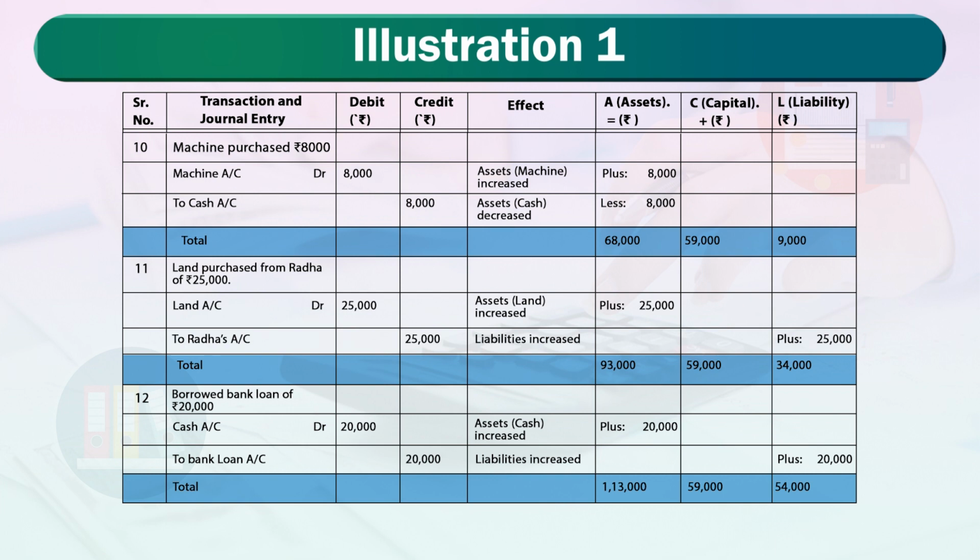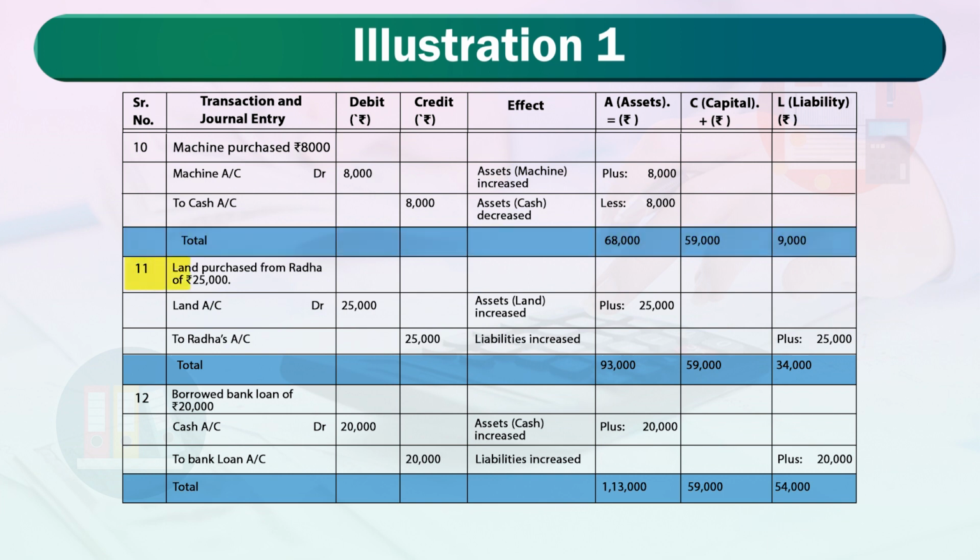So we are also deducting the cash of rupees 8,000. So on only the asset side the effect is given in the equation, that is 8,000 of asset is increased and 8,000 of asset is decreased. So our equation will remain the same: 68,000 of assets equals 59,000 of capital plus 9,000 of liability.